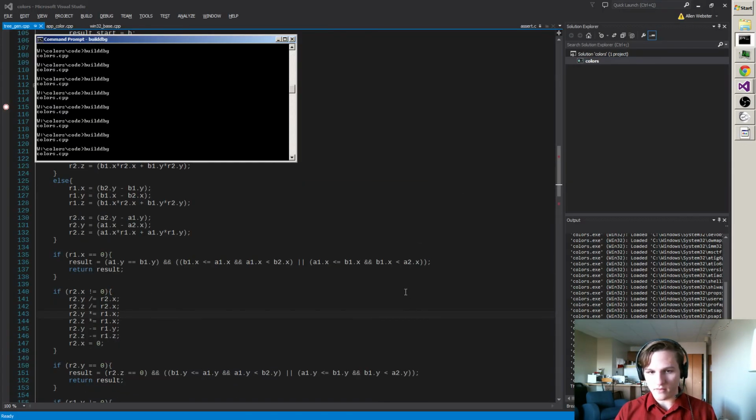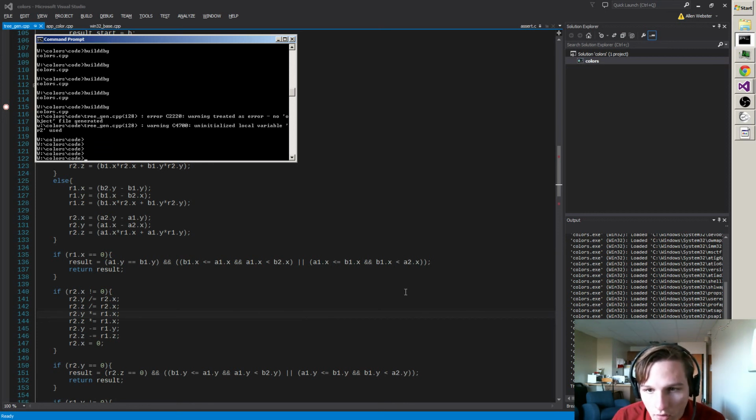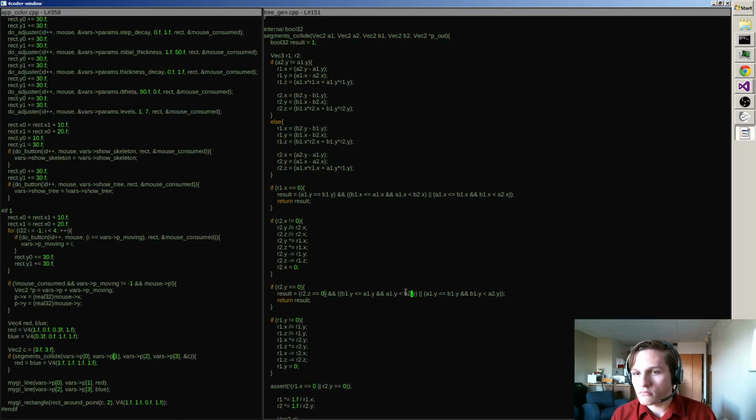Let me build it. Sure. R2, uninitialized local variable. I'll believe it when I see it, anyway. Ah, right here, R1.